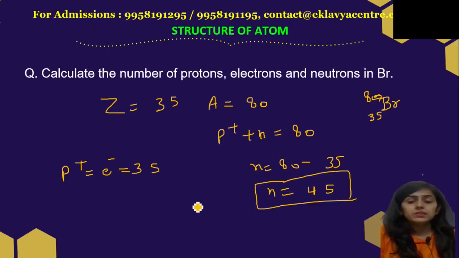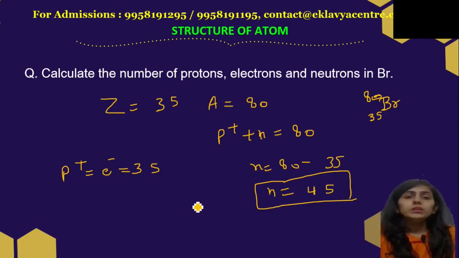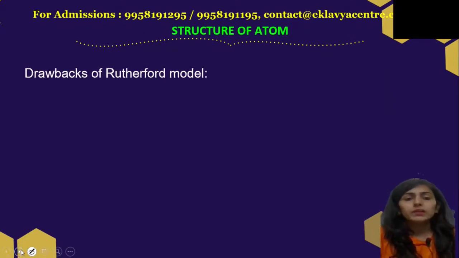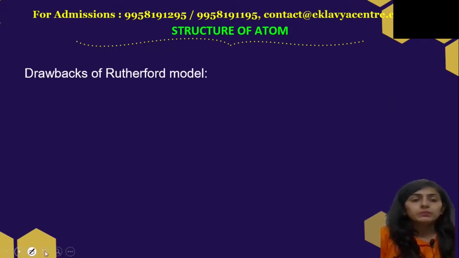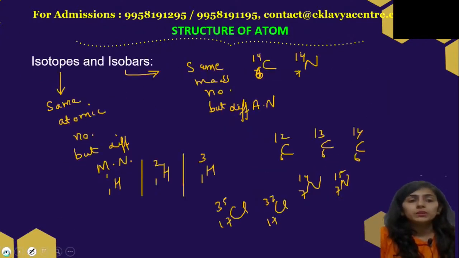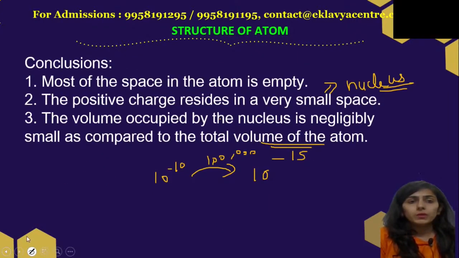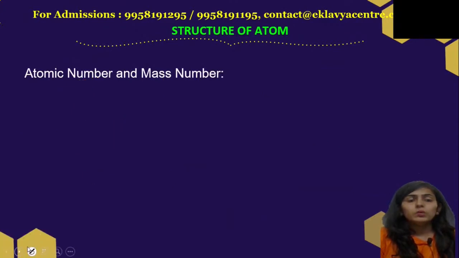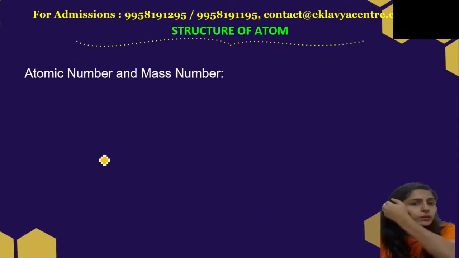Okay. Next, after doing this, we have the drawbacks of the Rutherford model. Before coming to the drawbacks, I would like to tell you one more good point of Rutherford, because on this point only we'll be able to tell the drawbacks.